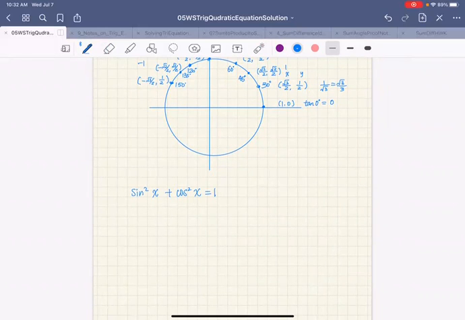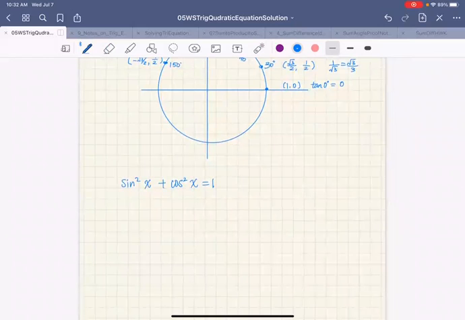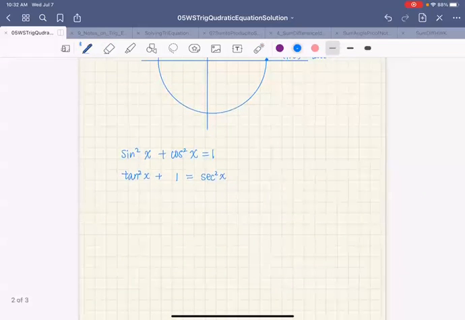When you divide each term by cosine square x, sine over cosine is tangent, so this becomes tangent square x. Cosine divided by cosine is 1. 1 divided by cosine is secant. So tangent square x plus 1 also equals secant square x.